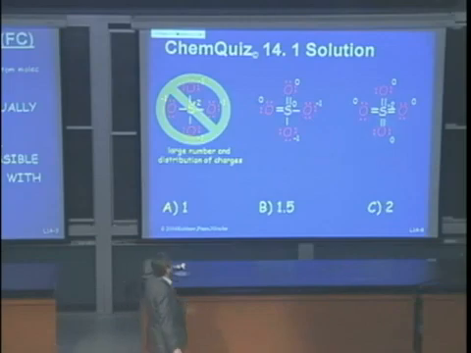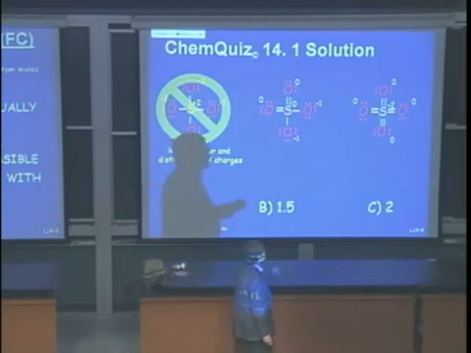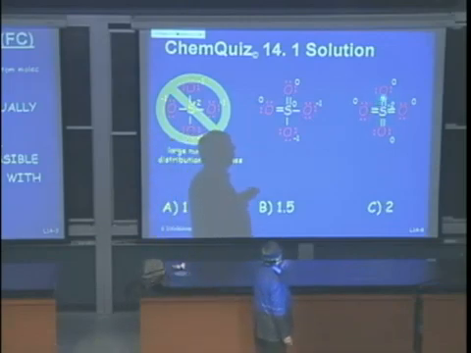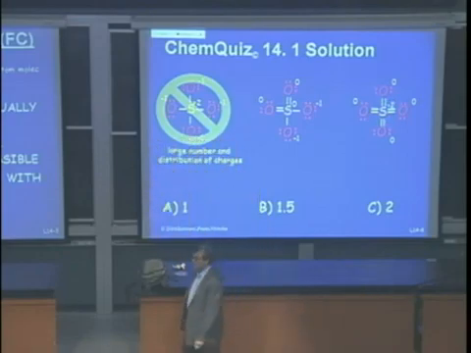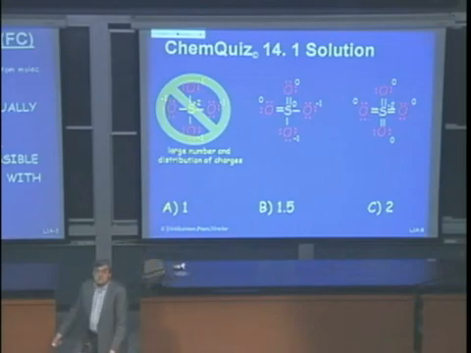Now let's look at this one. Here we expanded the octet, obviously. We have 2, 4, 6, 8, octet on each oxygen, and then on the sulfur 2, 4, 6, 8, 10, 12, 14, 16. 16 electrons, so we have expanded the octet rule. We could do that, but there's something majorly wrong.